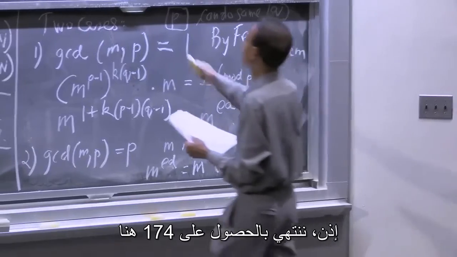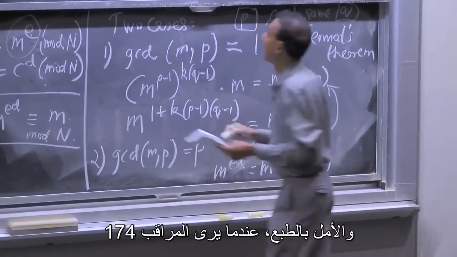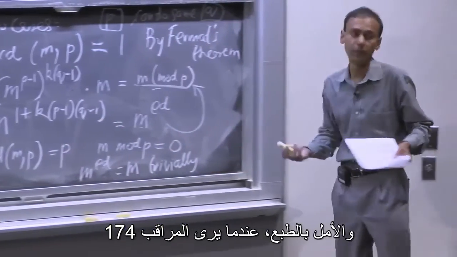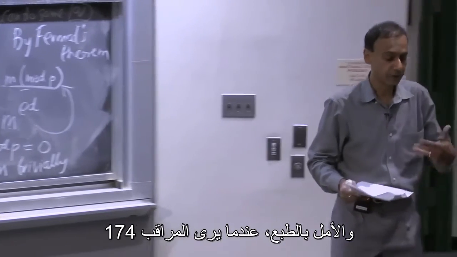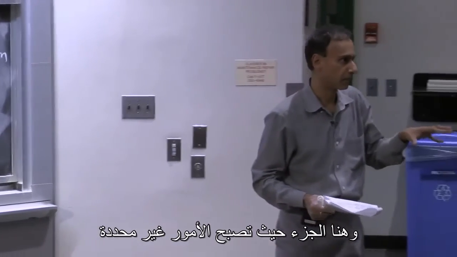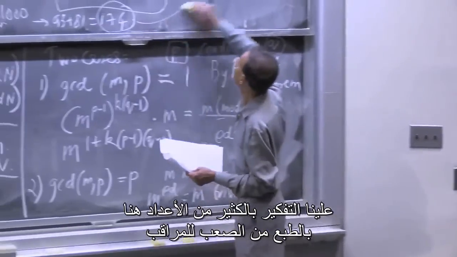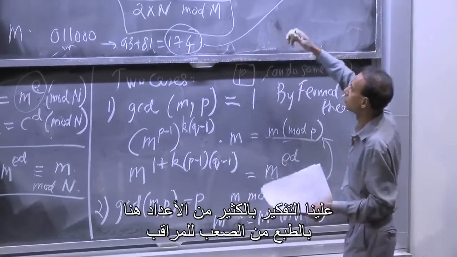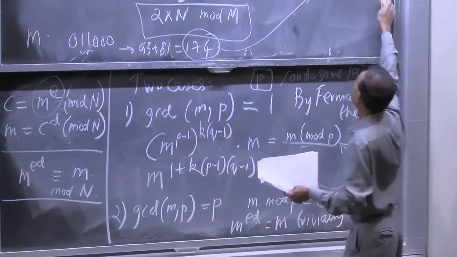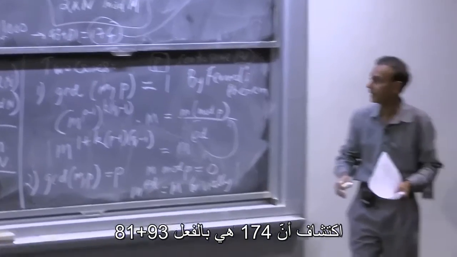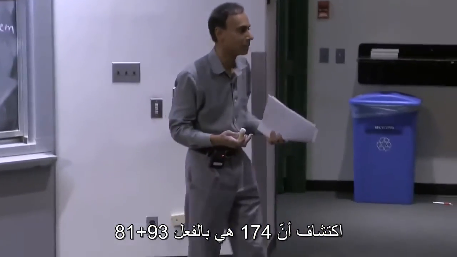So you end up getting 174 out here, and the hope is, of course, that when an adversary sees 174, and this is the part where things get a little iffy, you have to think about lots of numbers here, of course, it's hard for the adversary to figure out that 174 is actually 93 plus 81.